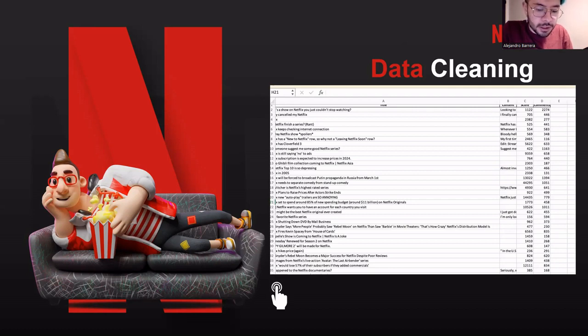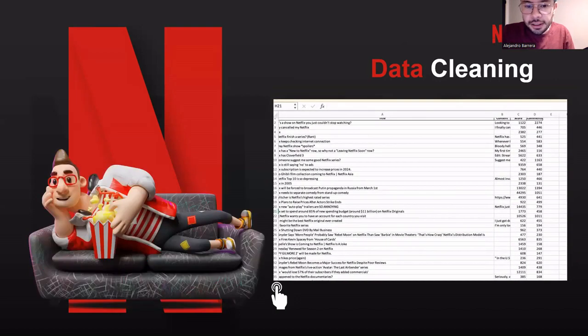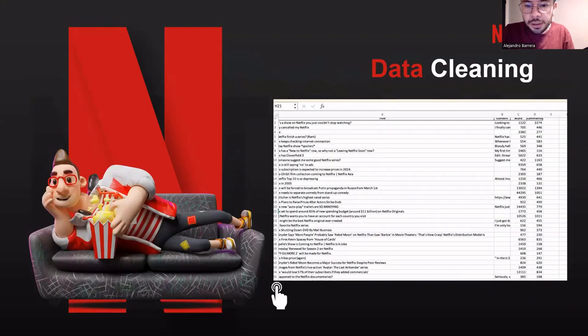So anyway, we removed that. We put everything into lowercase to simplify the data, and then we also removed all the URLs because they didn't provide any special information about the sentiment of the comments. This is how it looked.